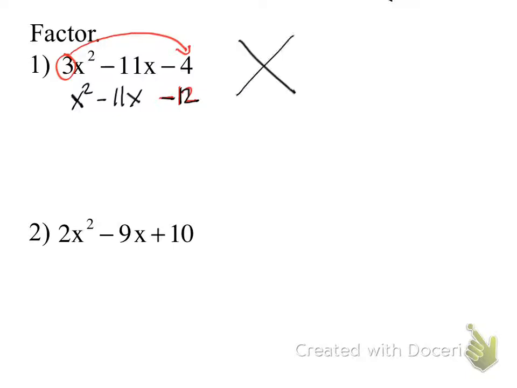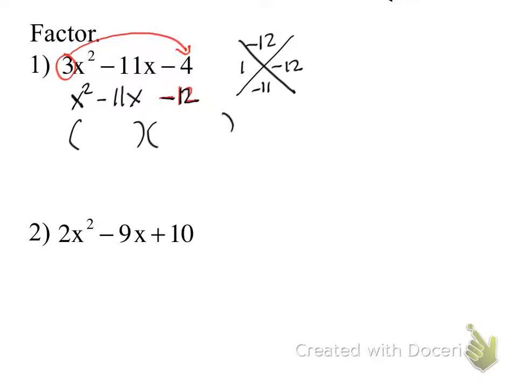Okay. What multiplies to -12 and adds to -11? 1 and -12, or -12 and 1. So what does this factor to, Ethan?